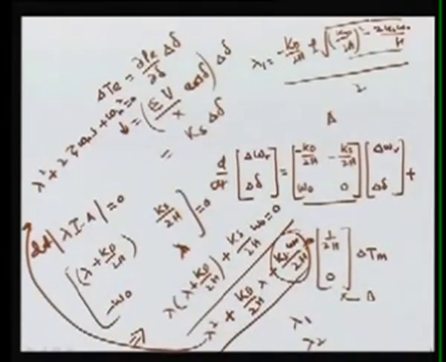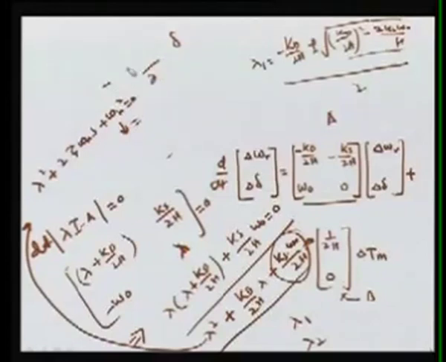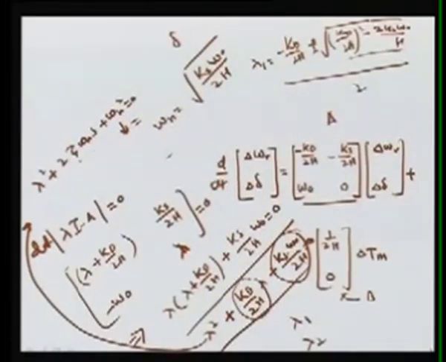I can write omega n as the square root of ks omega naught over twice h. So this is the undamped natural frequency of this system.